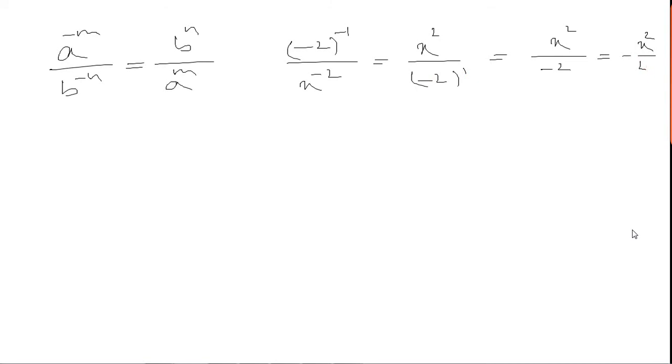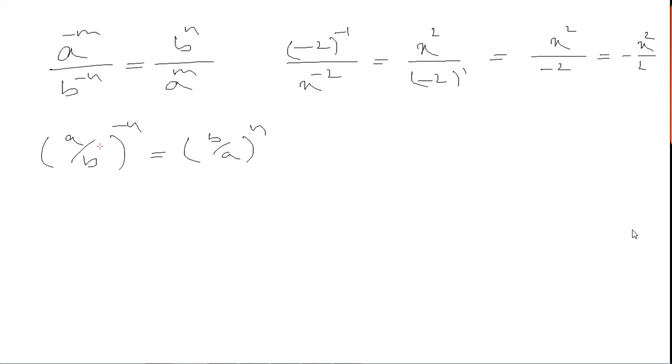Okay, and the last one is a over b to the power of negative n. This is b over a to the power of n. So if n is something positive, then negative n would be negative. And if you have a negative power like this, a fraction raised to a negative power, you just invert the fraction.